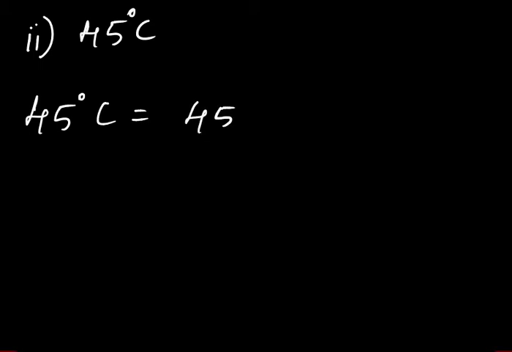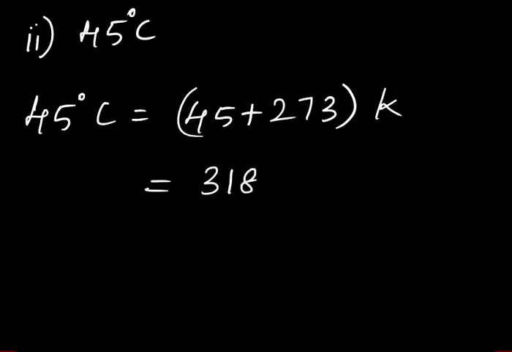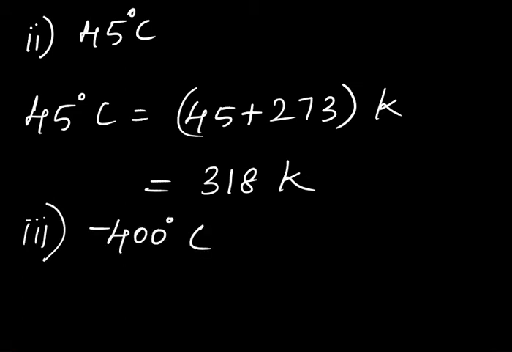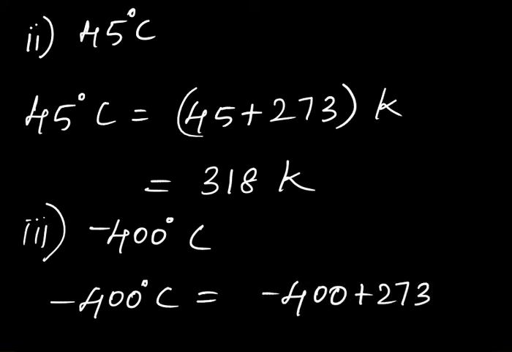Second question, 45 degrees Celsius. So 45 degrees Celsius is equal to 45 plus 273 Kelvin. When you add, you will get 318 Kelvin. In the third question, minus 400 degrees Celsius is equal to minus 400 plus 273 Kelvin.